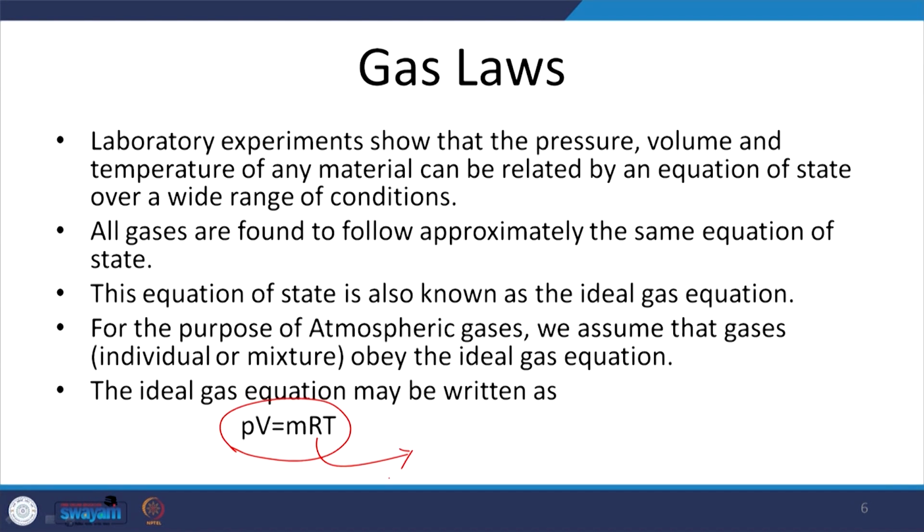So, what does it mean? It means that if you are writing this equation for oxygen, let us say, you have confined oxygen in a closed enclosure, and you have kept the temperature of this enclosure at T degree Kelvin, then if you know the volume of this container, you can derive the pressure that is going to be exerted by this gas, right.